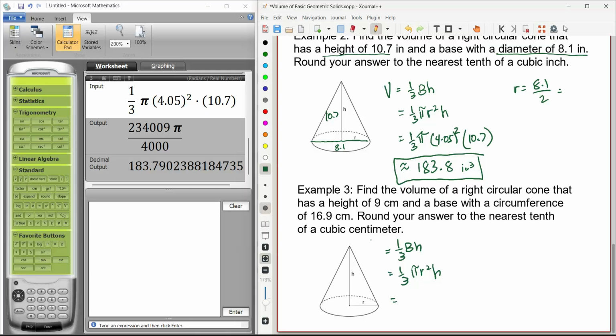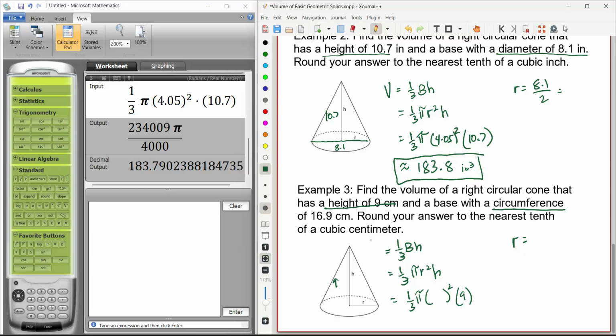And all we need to do is to find the r and the h. The h is already given, which is 9 centimeters. So this is 9. R though is not given. And maybe you're thinking, oh, how are we going to find the r given this time the circumference? So we're looking for the r given the circumference.